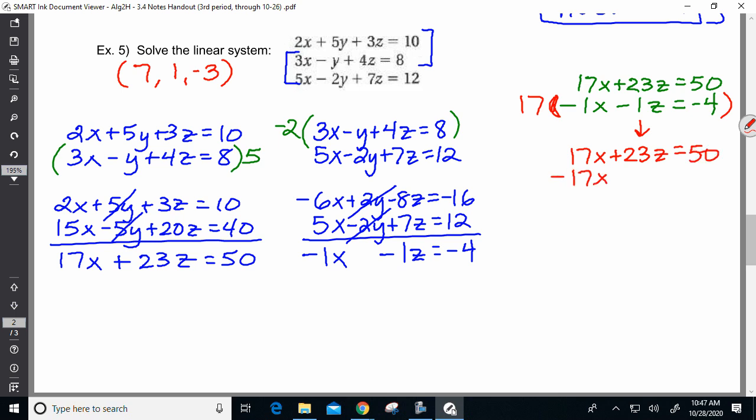Negative 17x minus 17z equals -68. X's drop out. 6z equals -18. Z equals -3. Now we're in business.